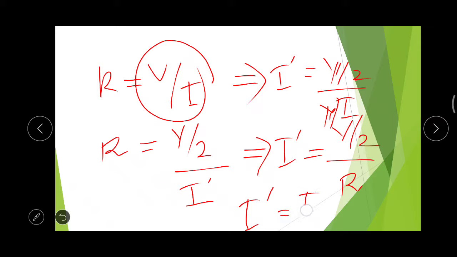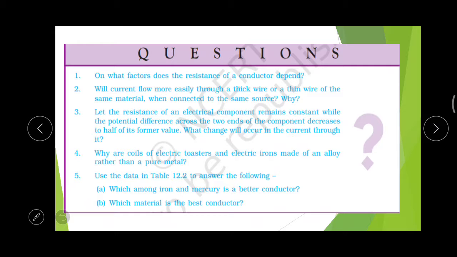I divided by 2. So in this question, if in the case of a conductor, the value of the resistance remains the same and the V becomes half of the first case, then the current which is passing through the conductor will become half compared to the first case.